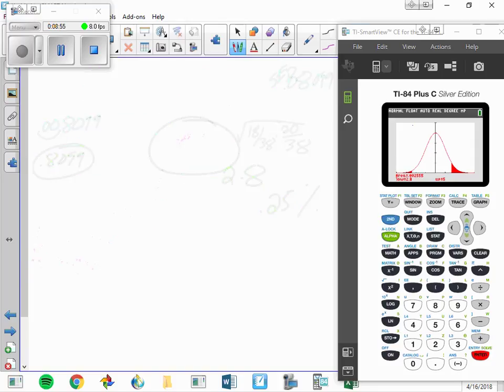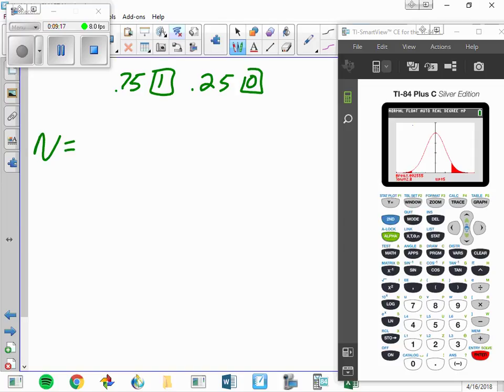So our box, we expect 0.25 ones. Or wait a minute. It's doing blue, right? So we don't want 0.25 ones. We want 0.75 ones and 0.25 zeros. So my null is going to be equal to 75%.